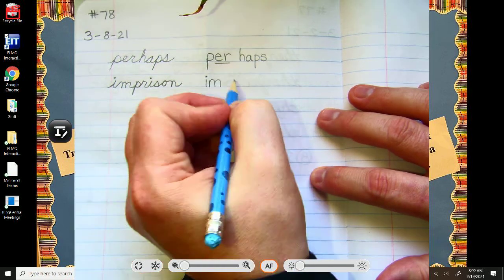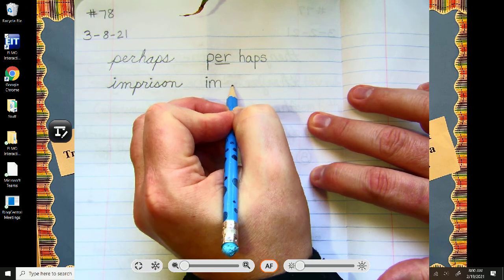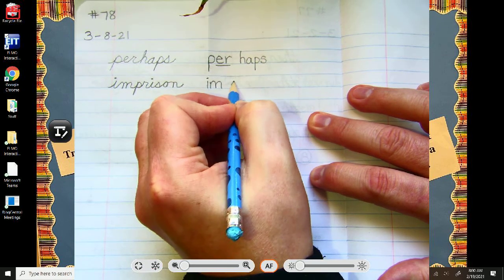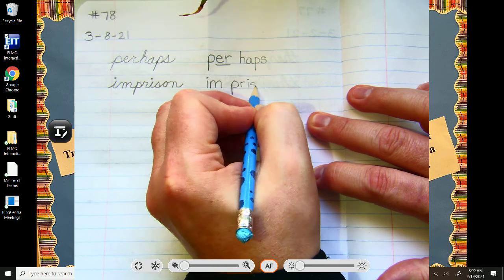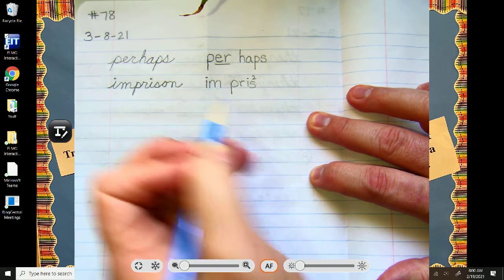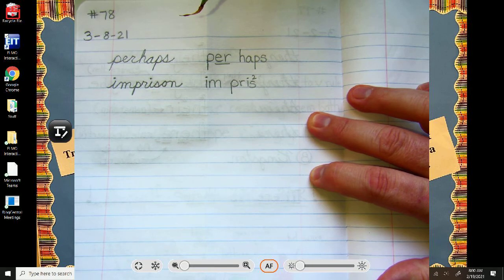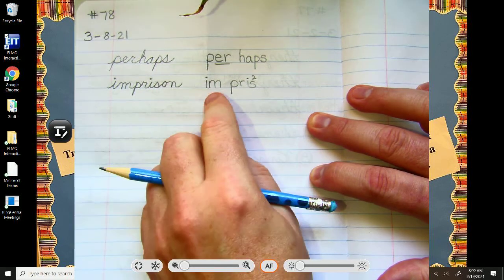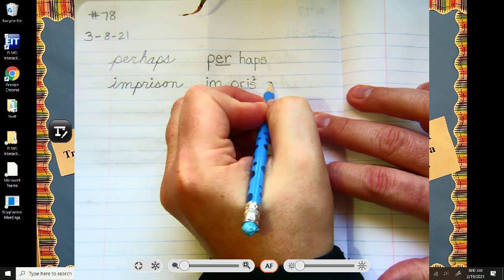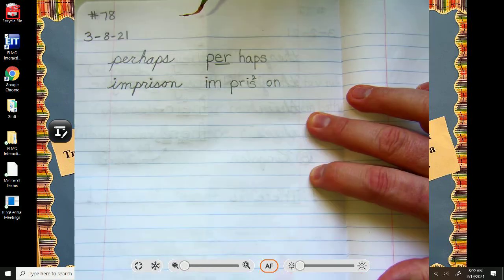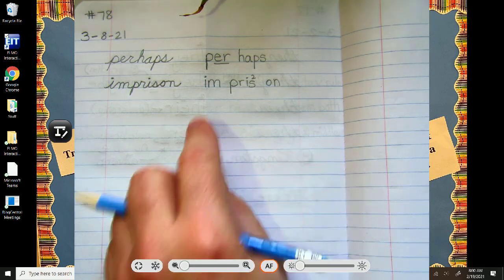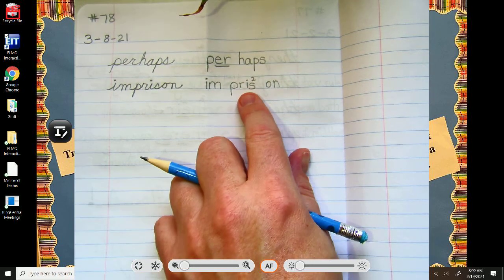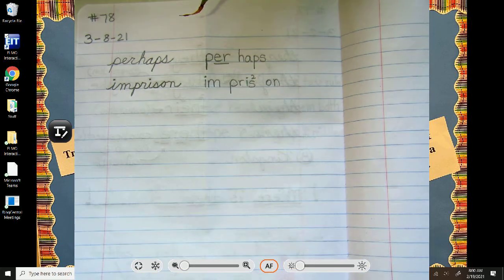So pris. Ooh, second sound of the s. I bet you caught that. Imprison.